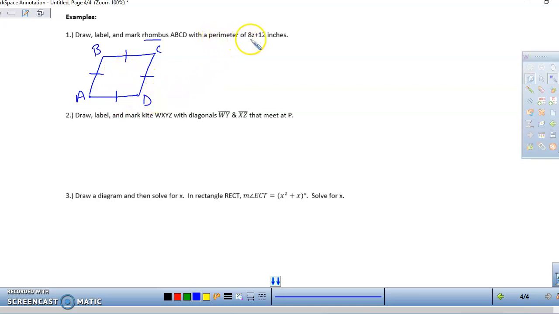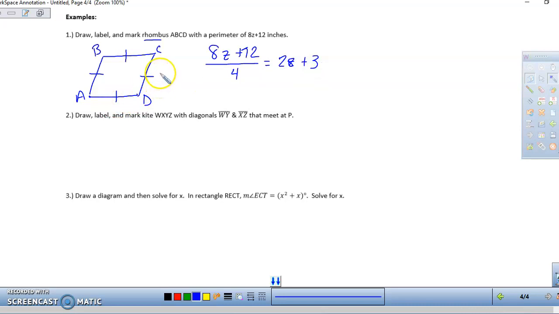Now we're going to do a perimeter of 8z plus 12. Knowing that these are 4 congruent sides, each side would be equal to 8z plus 12 divided by 4. You can basically distribute with division as well, so I'm going to divide into both of those parts. 8z divided by 4 is 2z, and 12 divided by 4 is 3.